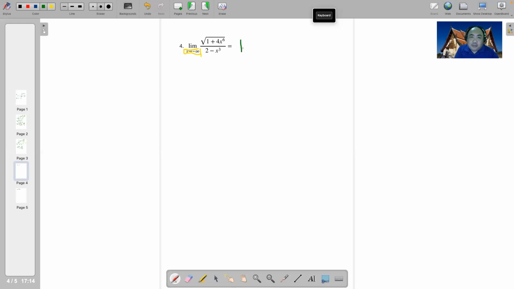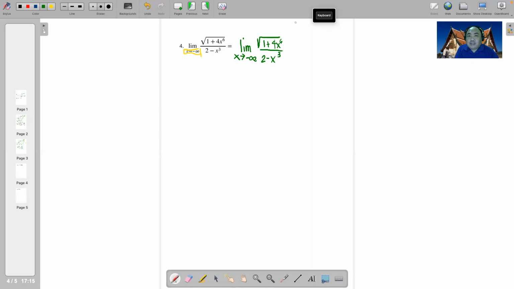It is because when we take now the limit, the multiplier, the limit of the square root of 1 plus 4x to the 6th divided by 2 minus x cubed as x approaches negative infinity.